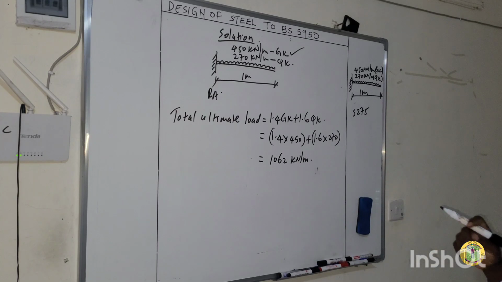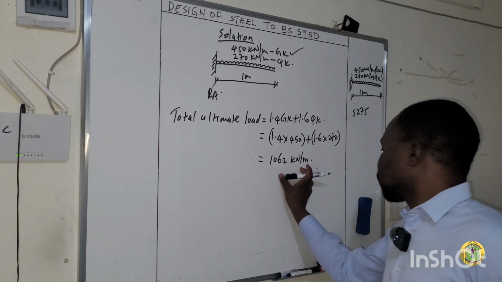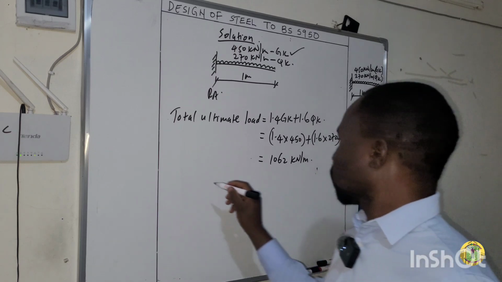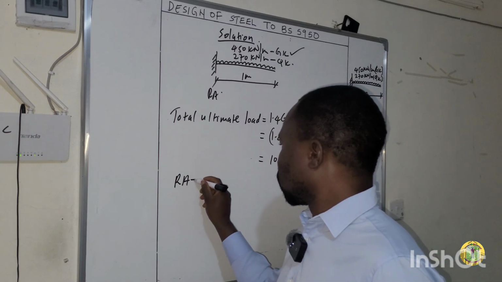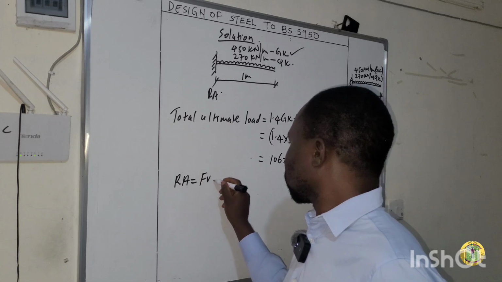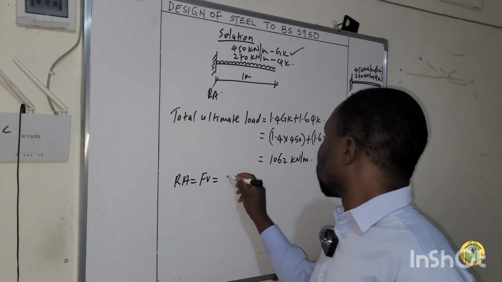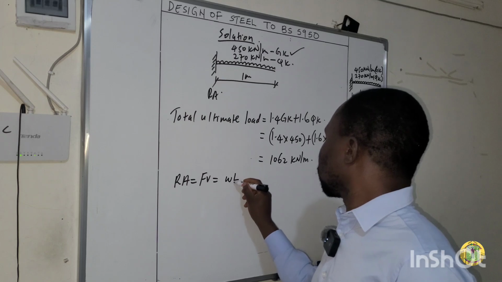After getting this total ultimate load, now you can calculate the reaction. So reaction at A, which is equal to FV, is equal to WL.